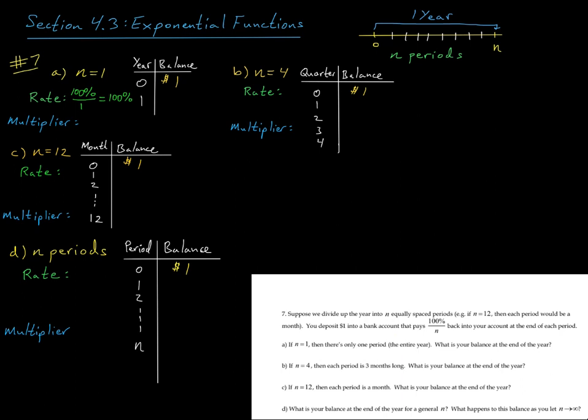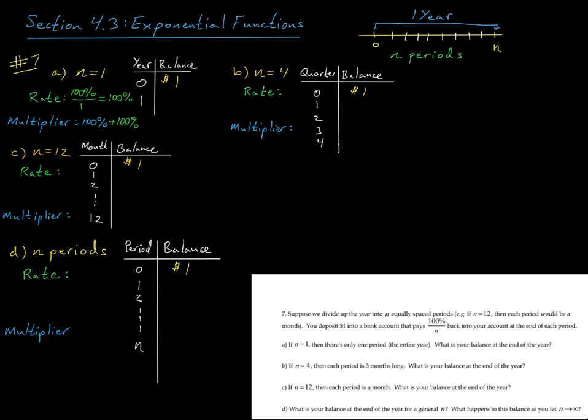And so now what's our multiplier going to be? Well, if I'm going to increase this balance of $1 by 100%, I'm going to take 100% of that dollar, and then I'm going to tack on this additional amount of just, well, 100%.